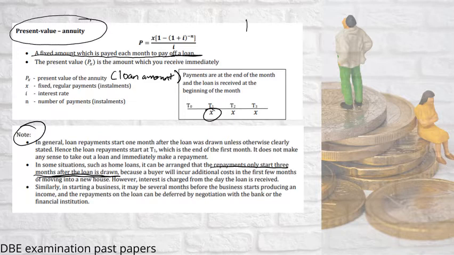Your loan, which is your present value, is going to increase by how many months? 2 months. Very important. So if the person starts paying after 3 months, your loan is going to increase by 2 months.